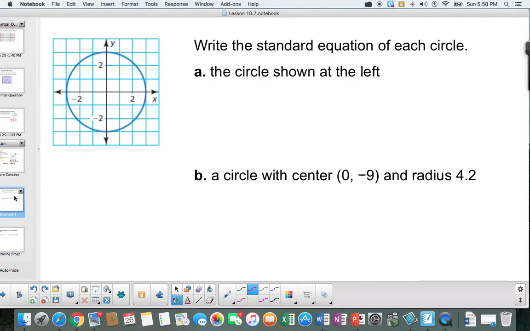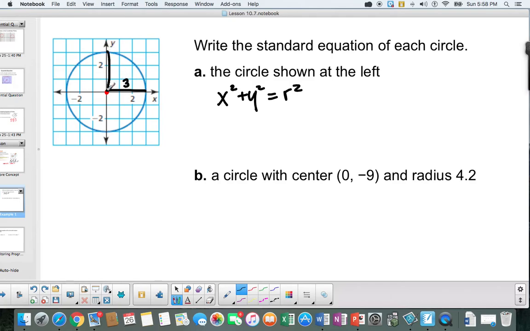Let's go ahead and do a problem. We want to write the standard equation of each circle. Now we notice that in A, the center is at the origin. When the center is at the origin, the formula looks like this. The only thing we have to figure out is the radius, and it looks like the radius is 3.